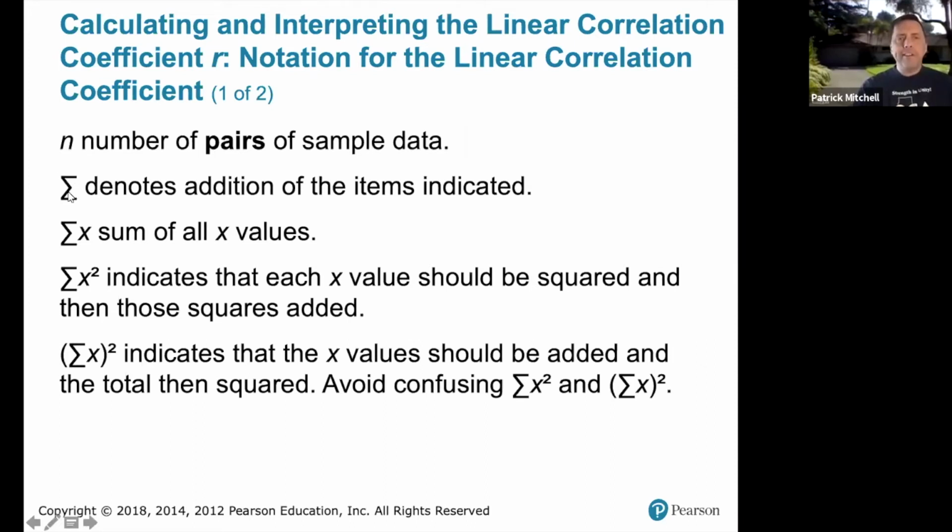This capital sigma denotes addition. Sigma X means the sum of all the X values. Sigma X squared indicates that each X value should be squared, and then those squares should be added. And compare that to the square of the sum of X, which indicates that the X values should be added and the total then squared, all right?